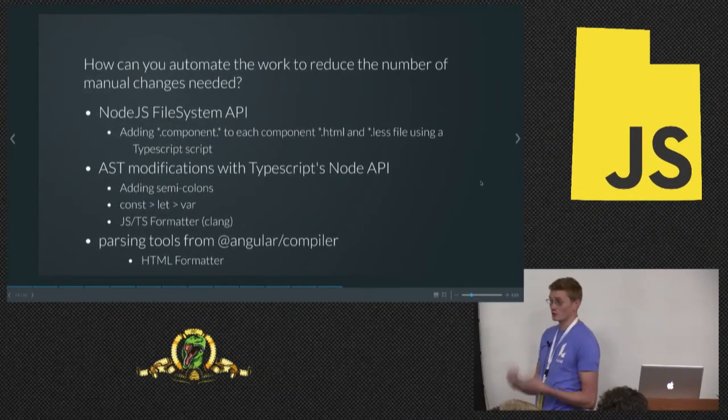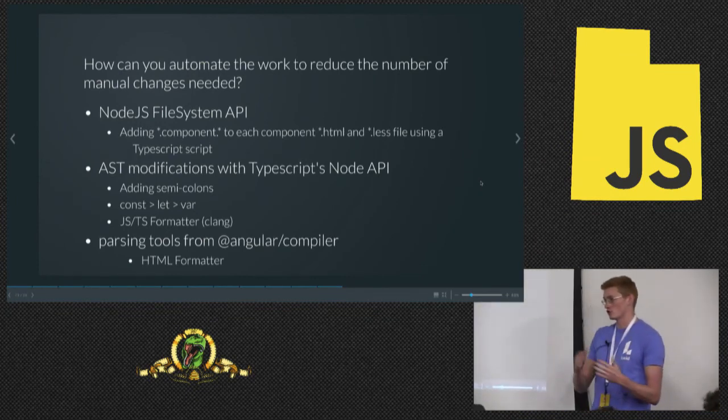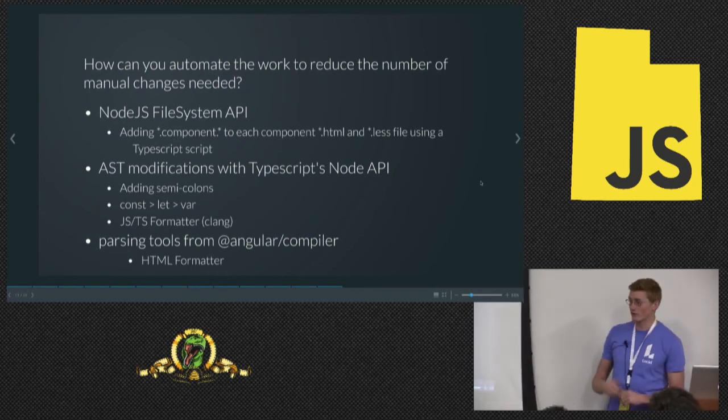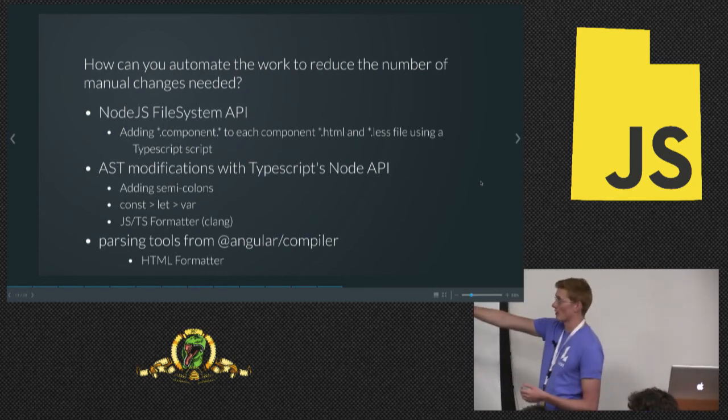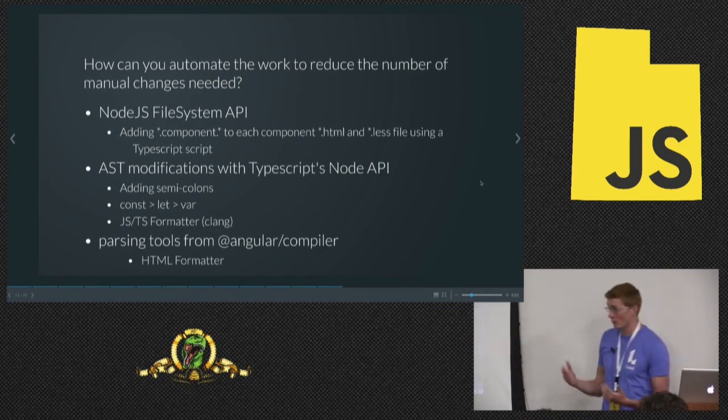The ones that were most useful to us, so like you can see right here, Node.js was very helpful for me. That was really nice for reading contents of files and doing straight string manipulation on them, or file name stuff. For more sophisticated stuff, I highly recommend looking up any kind of AST tools that you can find for whatever language you're using.